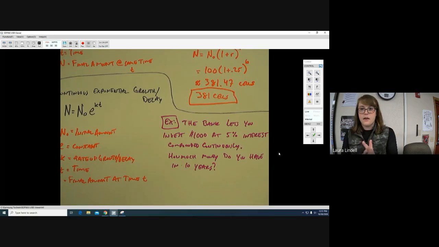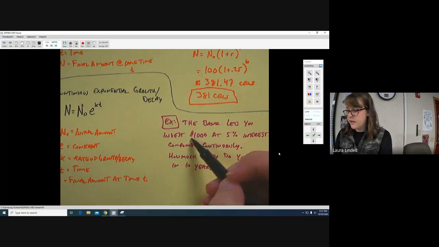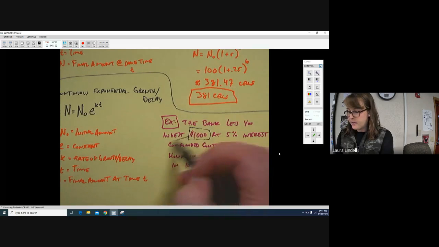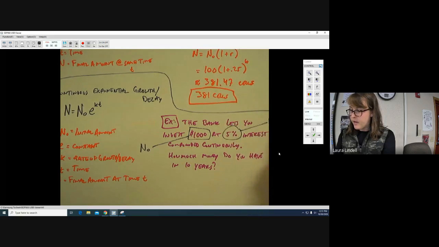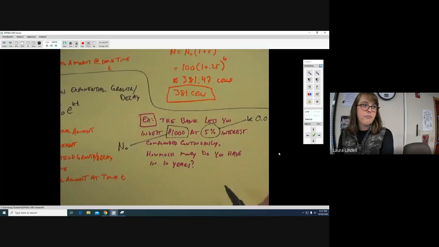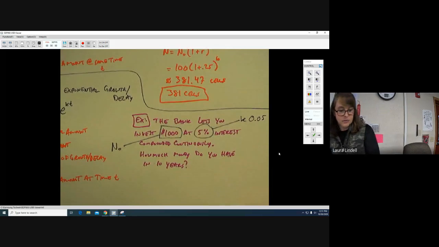Okay. So just like with the last one, we start identifying things that are going to end up in our equation. For example, this would be our initial amount, the N naught value. 5% interest, that's going to be K. And we would write it as 0.05, since 5% as a decimal is 0.05.